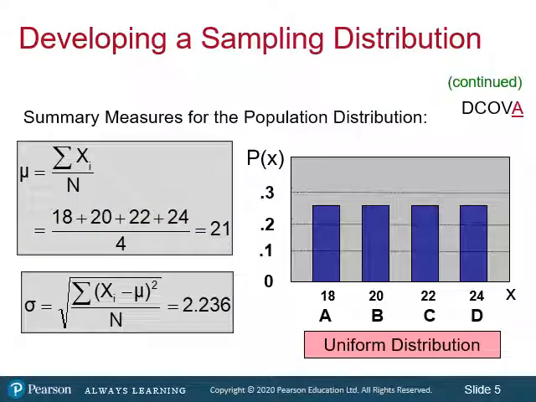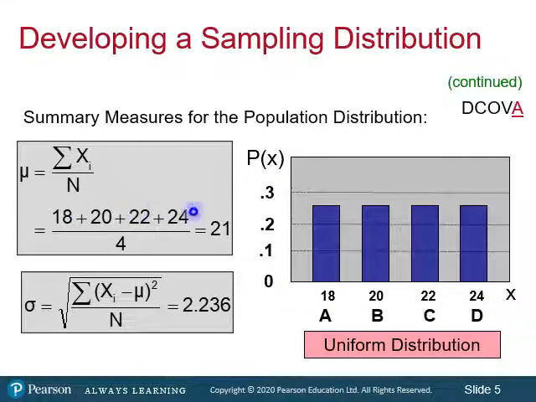First, we will calculate the mean value for the population. The mean value is denoted by this formula, mu equals the summation of xi's divided by N, which is 4. The xi's are given here, 18, 20, 22, and 24.